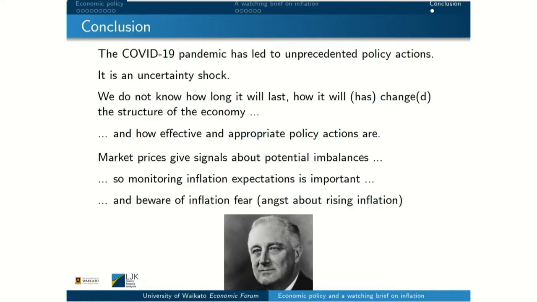So we've got to keep in mind that this is an uncertainty, and it's uncertain the way that we should deal with it. We've done a pretty good job up till now, but we've still got more learning and testing perhaps to do. In terms of inflation, market prices give signals about potential imbalances, and so monitoring inflation expectations is important.